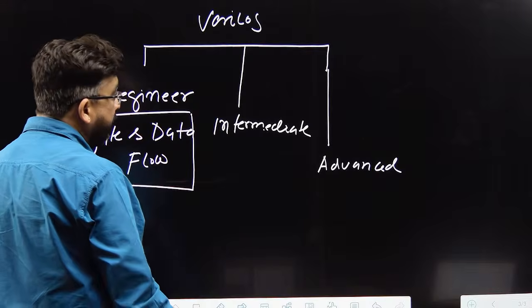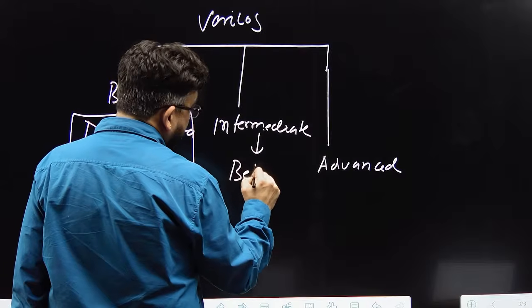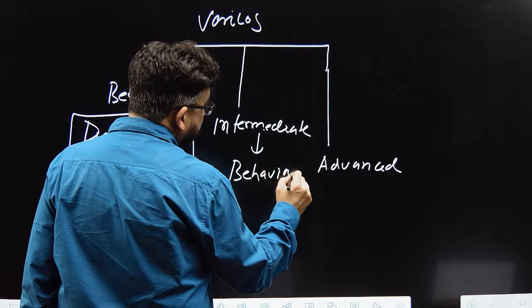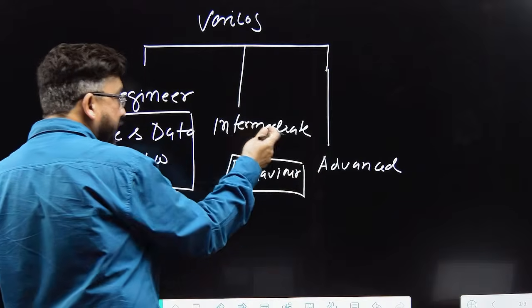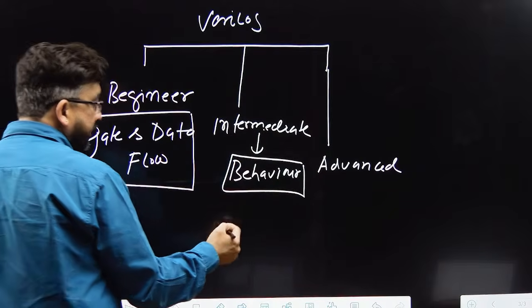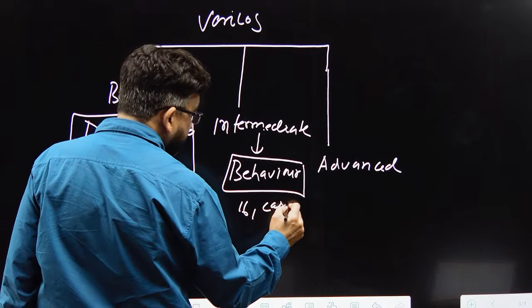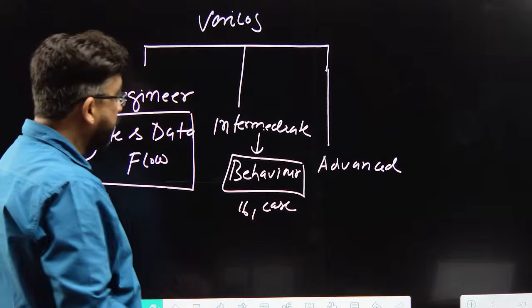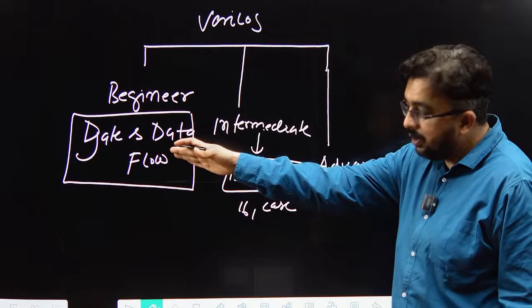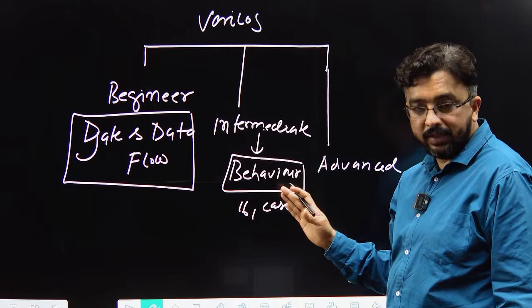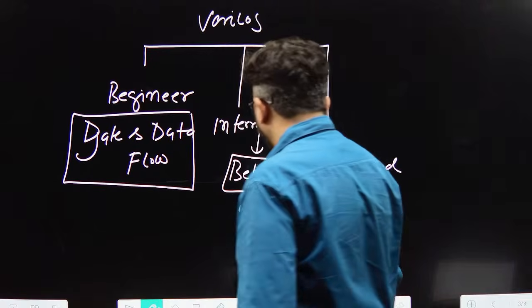Then in intermediate we start with behavioral modeling. In behavioral modeling, we generally take care of a few things like your conditional statements, for example, if and case. So in intermediate, we take care of how to design all combinational and sequential circuits with the help of if and case.